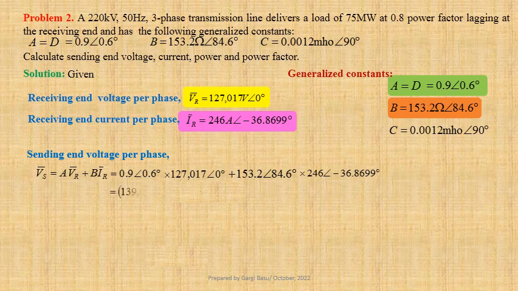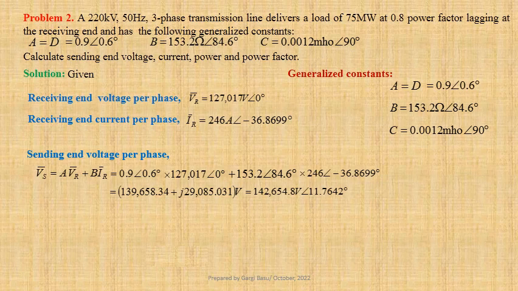That gives us 139,658.34 plus j times 29,085.031 volt. This may be written in polar form as 142,654.8 volt at an angle 11.7642 degree.